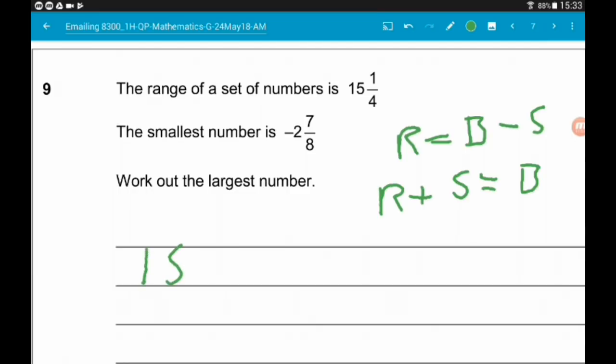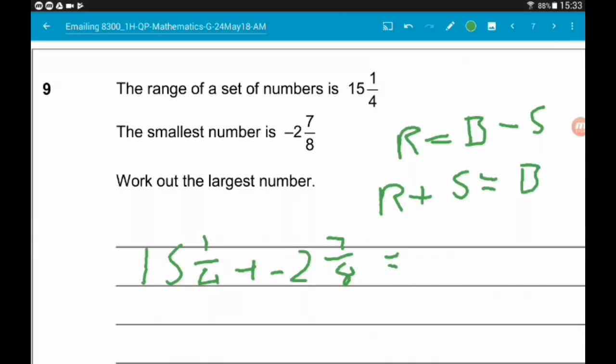and 1/4 add minus 2 and 7/8. So when plus and minus meet like that, the minus wins.